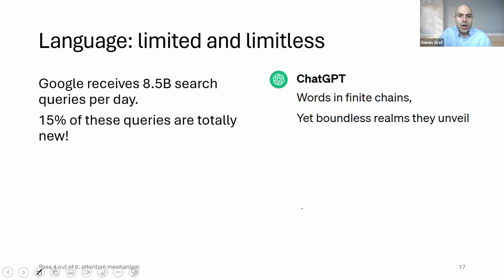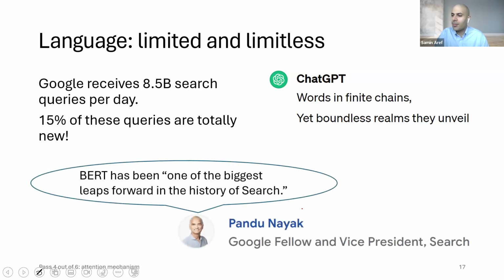And this is a reason why search is not a solved problem. And BERT has been very fundamental in improving Google search. And for this, I have another quote for you, this time not from an AI chatbot, but from Pandu Nayak, who was VP of search at Google.